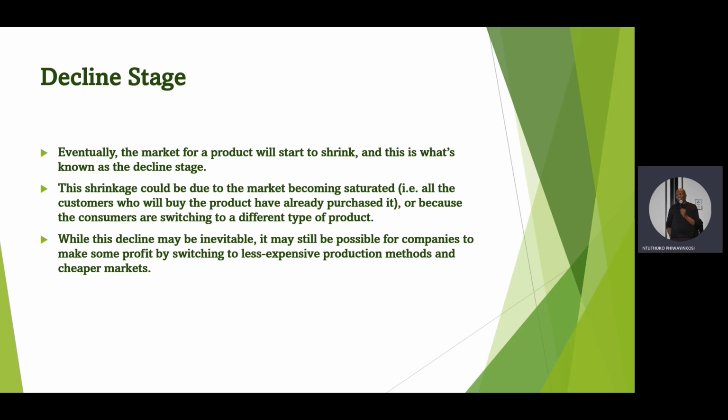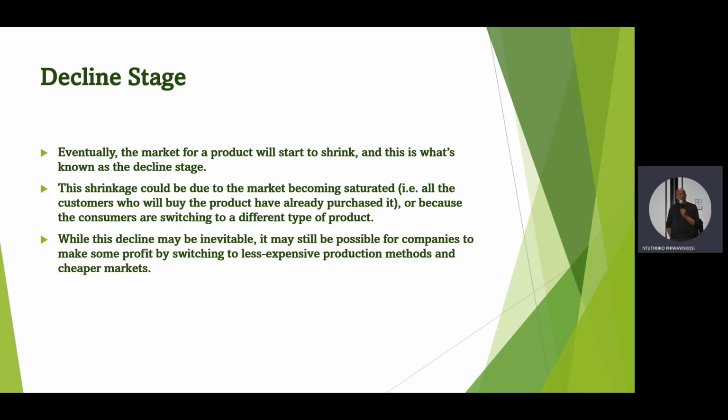So this decline can be caused by all the customers who will buy your product now having it already, or having already purchased it. So there is no need of owning two or three. Or because the consumers are switching to a different product or a different type of product. That is, there has been a substitute of your product.